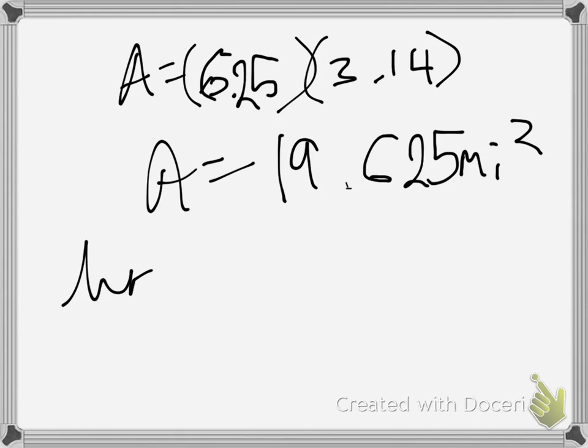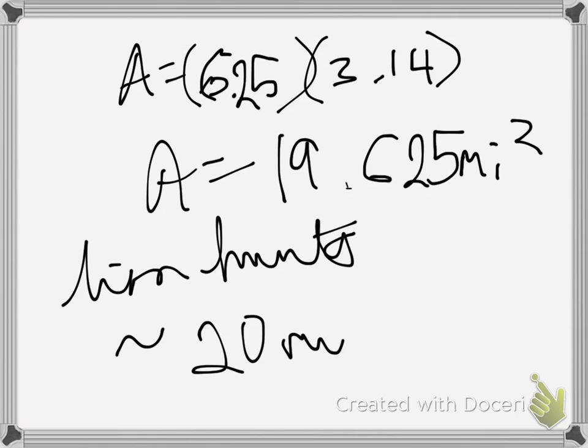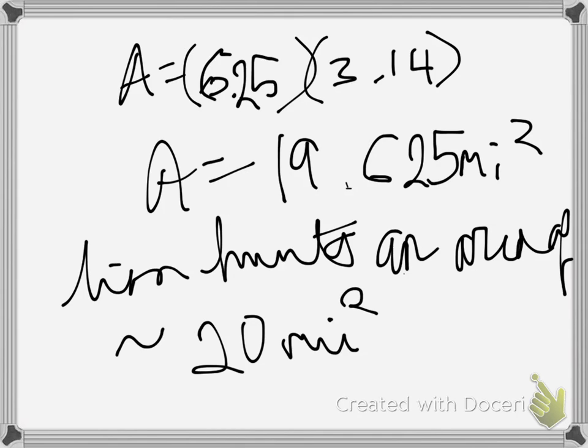So that means lions hunt an area of about 20 miles squared. So that means that the actual territory of a mountain lion probably ranges from maybe 15 to 25 miles.